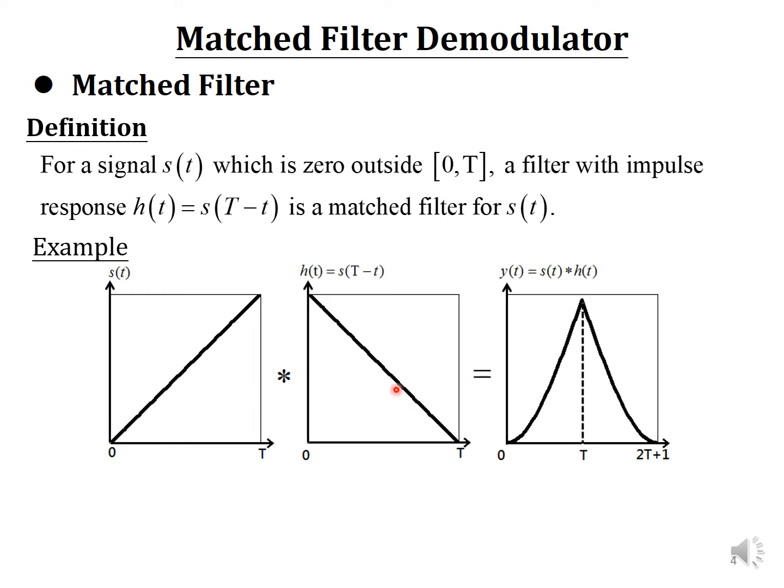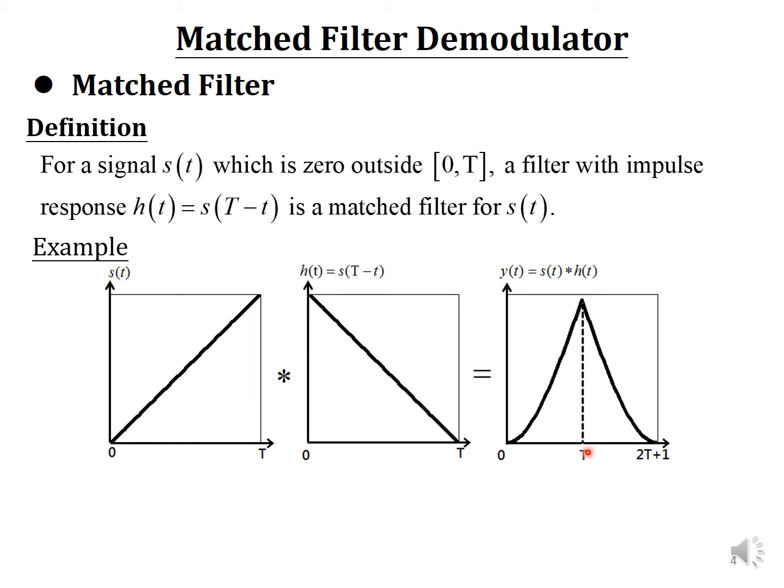This flipping of h(t) would be similar to s(t). If we do a flipping of h(t), that would be t equal to 0, and then we pull this over.